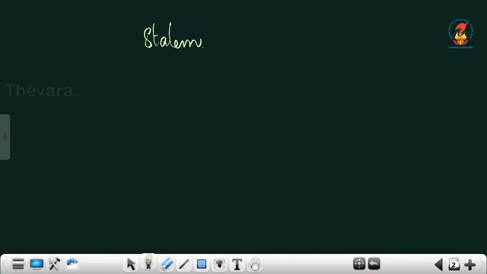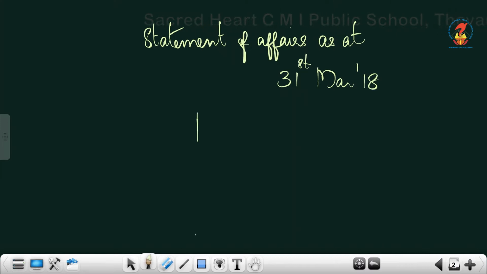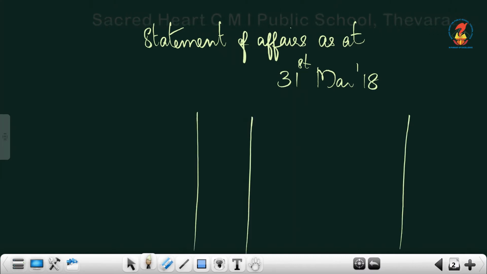You can give the heading like statement of affairs as at the opening date, 31st March 2018, and the format, you know, it is exactly like a balance sheet.